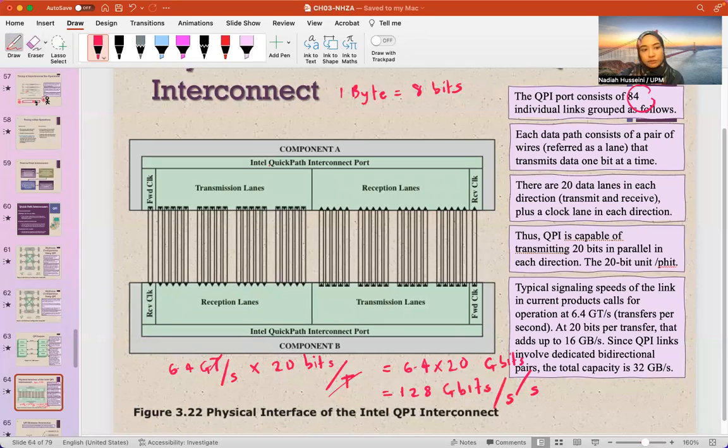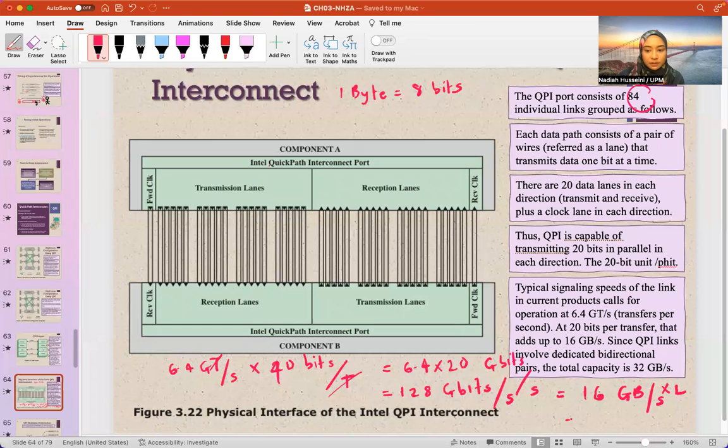So if we divide this by 8, we would get 16 gigabytes per second. And I'm only doing this part because I multiplied by 20 bits. So if I were to find out the total transmission, which is 40 bits, you multiply this by 2, because 20 times 2.